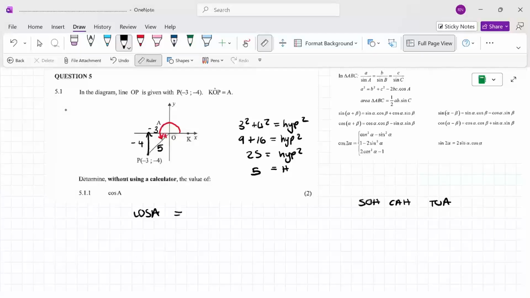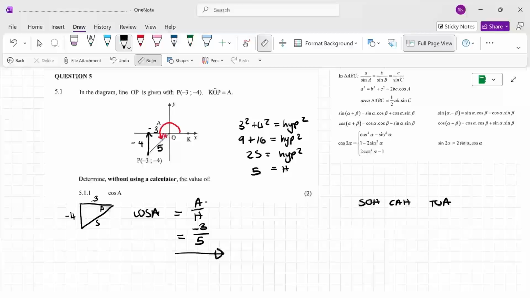If you were to redraw this triangle, it would look like this, with your A over here, this is -4, this is -3, this is 5. So cos is adjacent over hypotenuse. Adjacent in this case is going to be -3, and my hypotenuse is going to be 5. Okay, so this is how we would find cos of A.